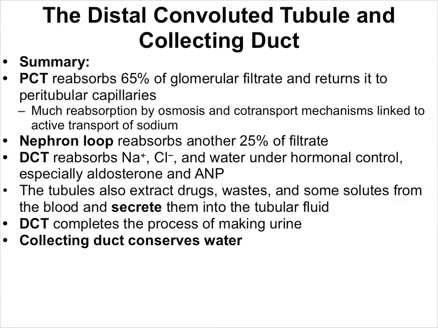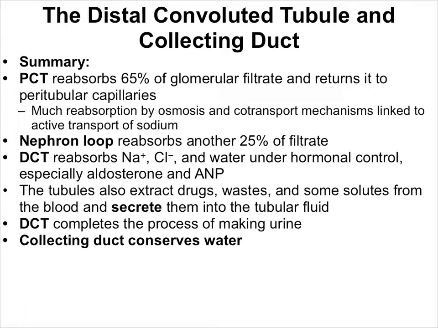In summary, the proximal convoluted tubule reabsorbs 65% of glomerular filtrate, including practically all of your nutrients, glucose, amino acids, things like that. A lot of water is reabsorbed here as well by osmosis. You're reabsorbing salt and other solutes.